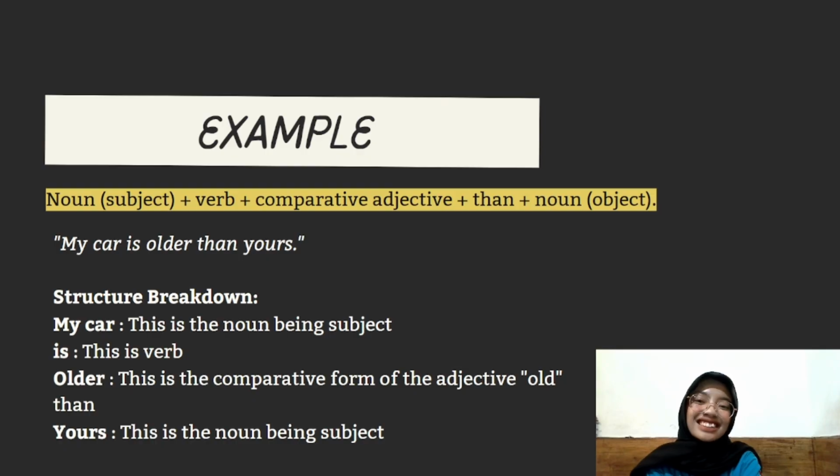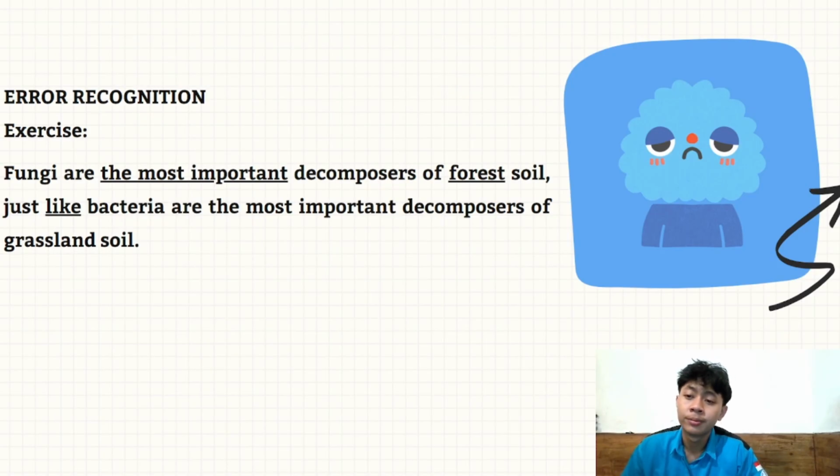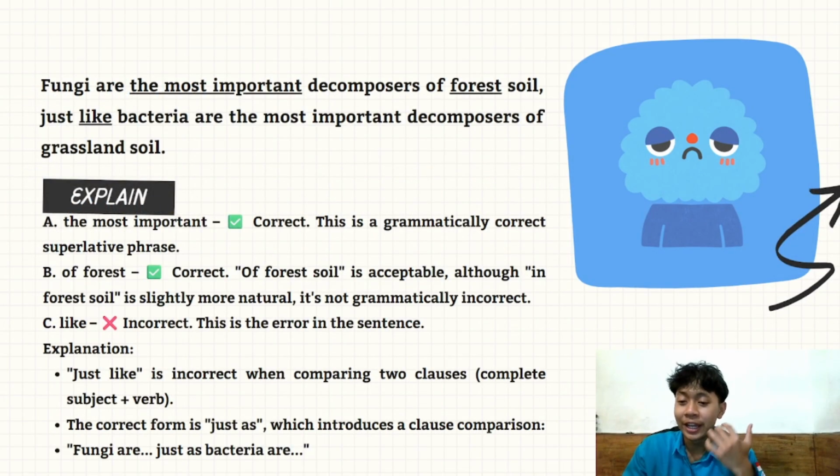Remember, than. The first error recognition exercise is: Fungi are the most important decomposers of forest soil, just like bacteria are the most important decomposers of grassland soil. The underlined suspect errors are: the most important, forest, and like. So the answer for the error recognition is the word like.